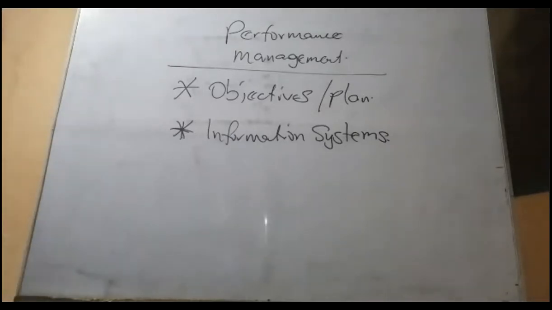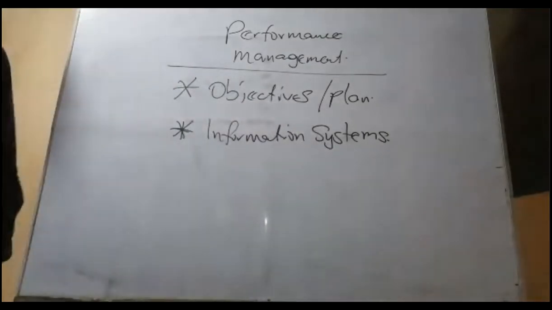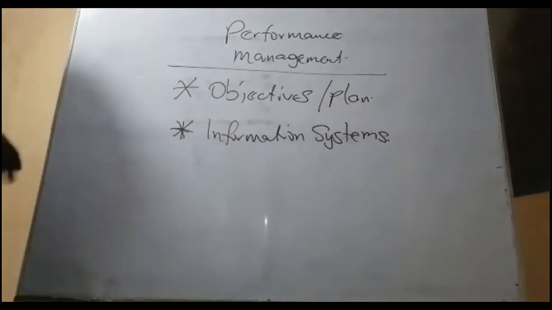The information systems talk about what kind of information we need if we want to set an objective or a plan.